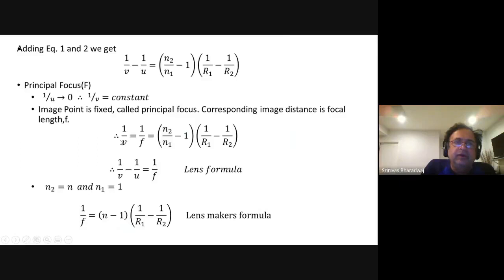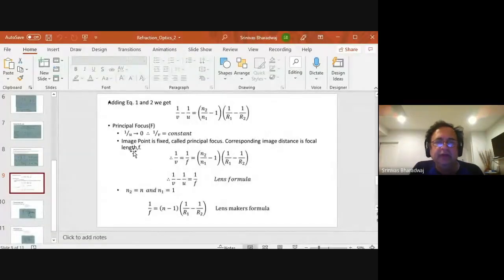Remember this equation as we go into the next set of slides and derive the next set of equations. The next set of slides we call ray optics. This is a simple set of slides as well.